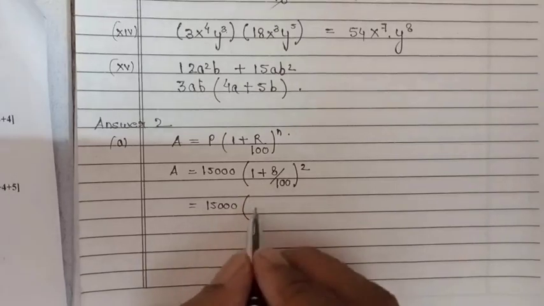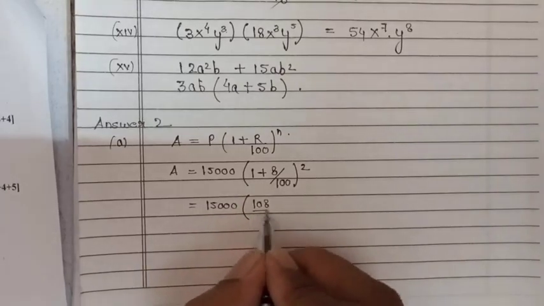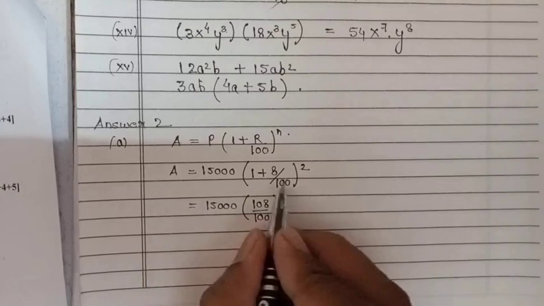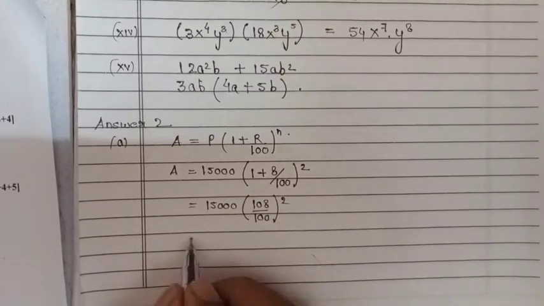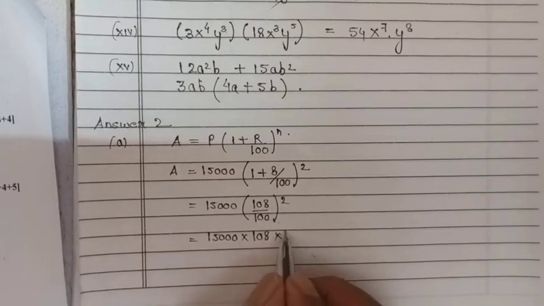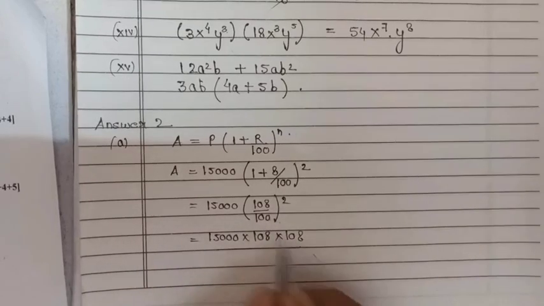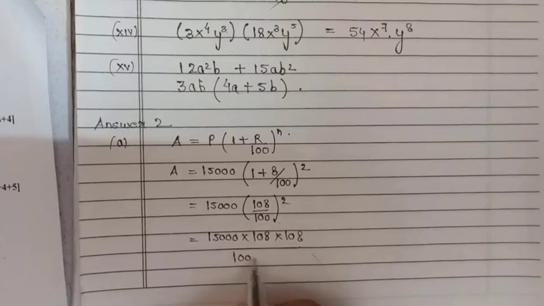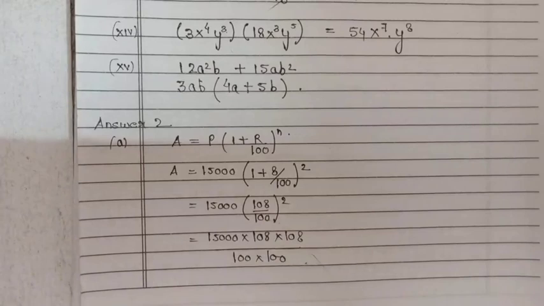Within bracket you take LCM, so you'll be getting 108 upon 100. Take LCM and simplify, so it's 15,000 into square of 108 upon square of 100. Right? So let's solve this one.